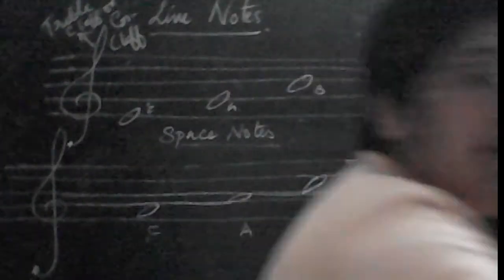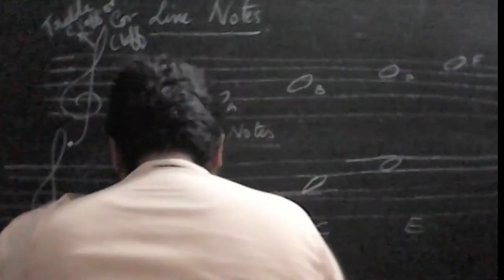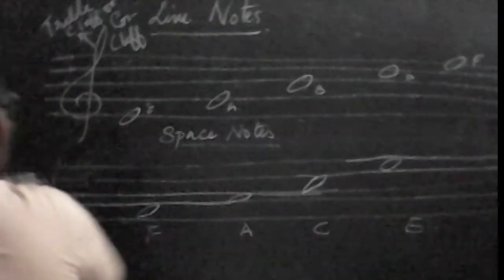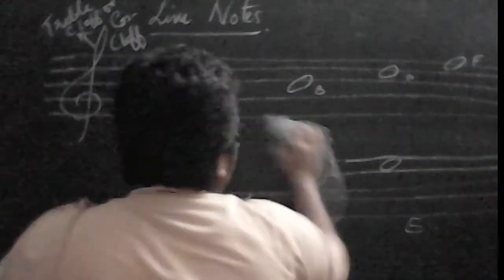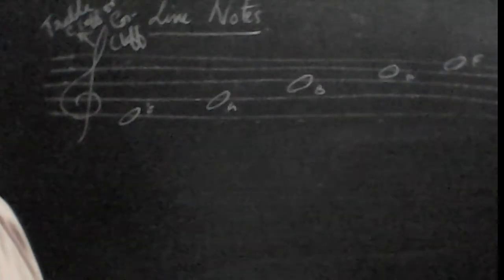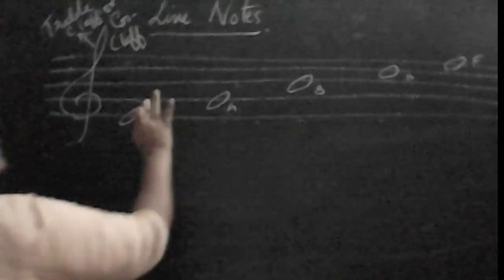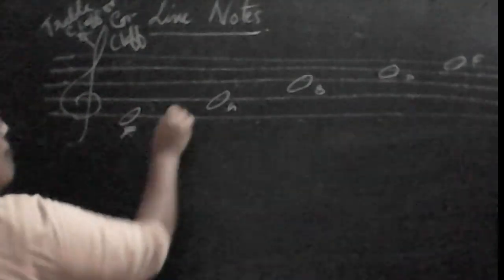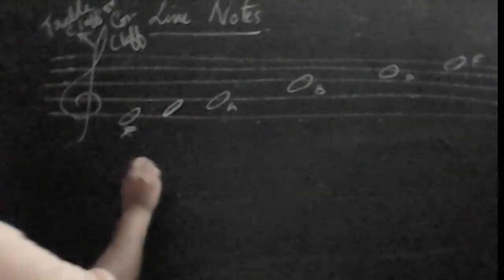So if you put this together, you are going to see a continuous formation of letters. Okay? After E comes, this is E. After E comes F, one space note, right?